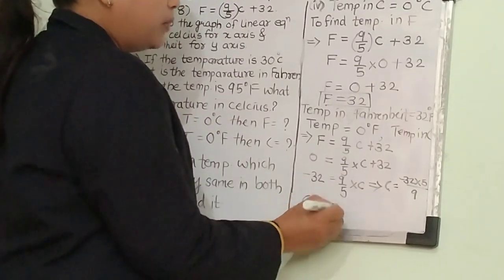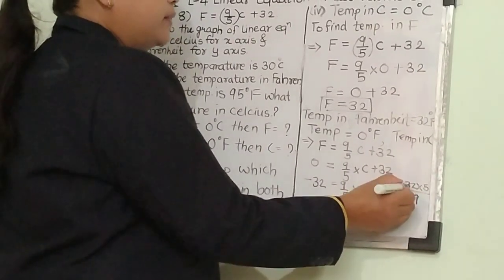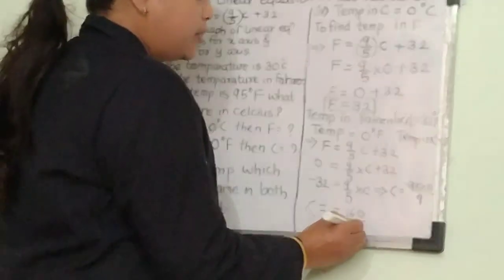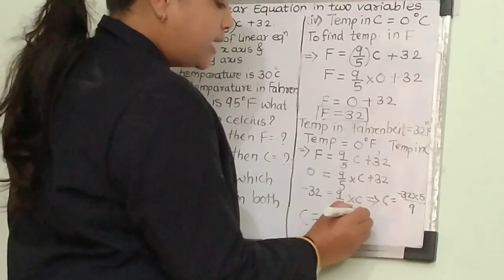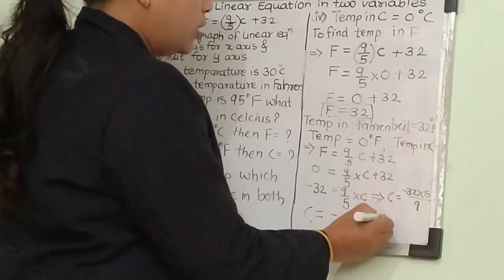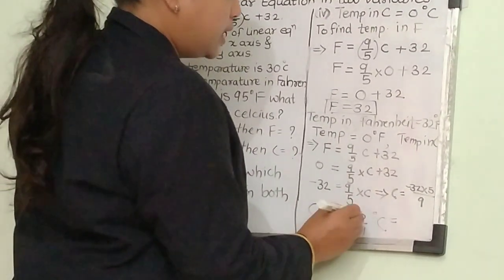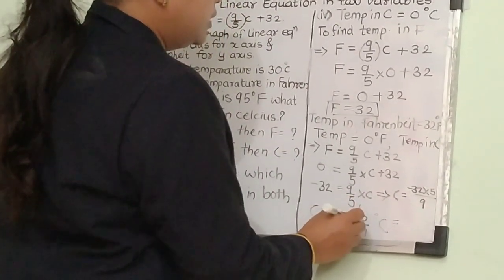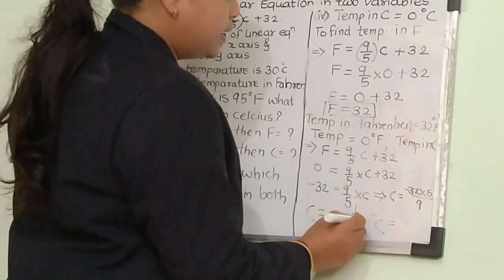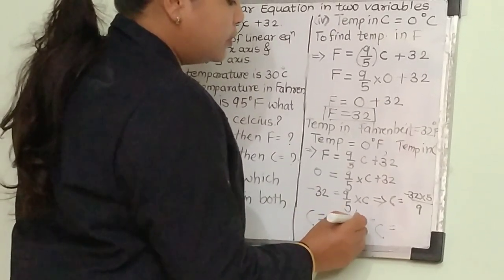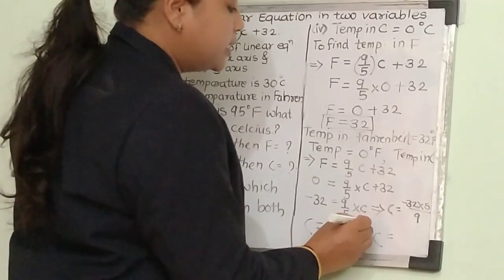So C is equal to minus, 5 2s are 10, 1 carry, 5 3s are 15 plus 1, 160 upon 9. So here you can write this answer as it is in degree Celsius, or we can convert it into decimal. So 9 1s are 9, 9 1s are 9. Here how much left? 16 minus 9, that is 7 left, 70. 0 will take, then 70 comes, then 9 7s are 63.